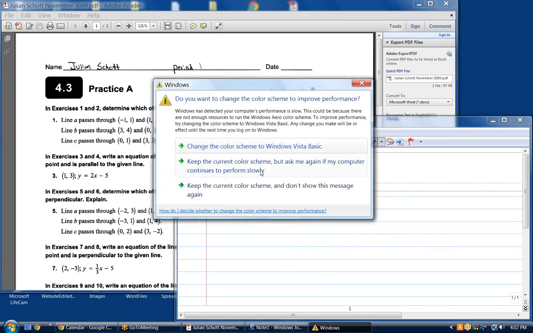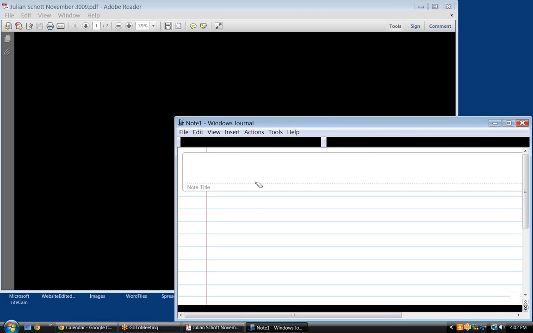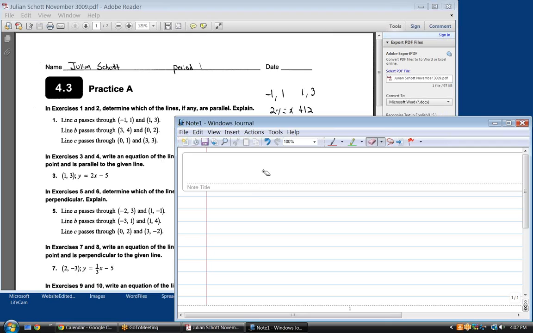Okay, so let's look at line A, which passes through the points (-1, 1) and (1, 3). That's line A. What's that slope? 2/2. Good. So that slope is 1.